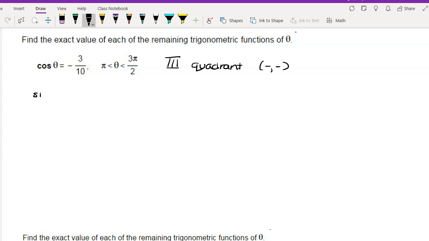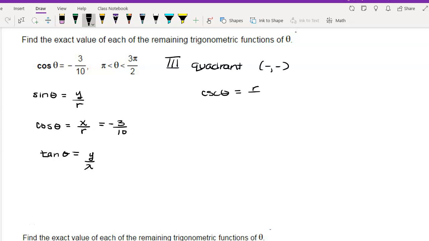That's important because we know sine theta is y over r, cosine theta is x over r, and tangent theta is y over x. Now we have cosecant theta is just the inverse of sine, so r over y. Secant theta is the inverse of cosine, so r over x. And cotangent theta is the inverse of tangent, so x over y.